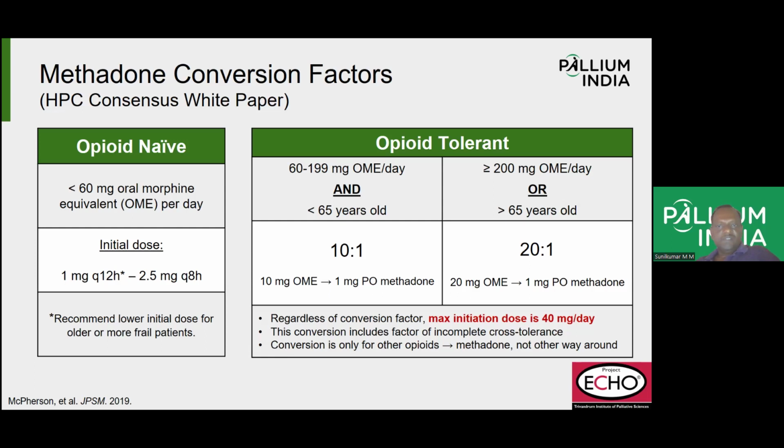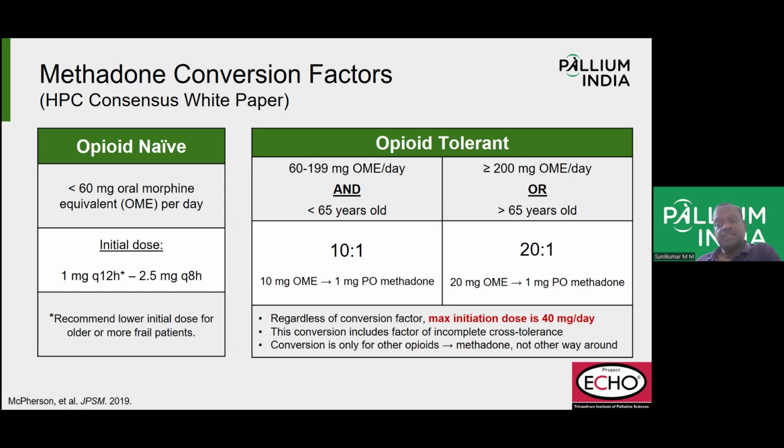And if the patient is taking between 60 to 199 milligram of oral morphine, and the patient is less than 65 years old, the conversion ratio is 10:1. So 10 milligram of morphine would be equivalent to 1 milligram of methadone in these patients.